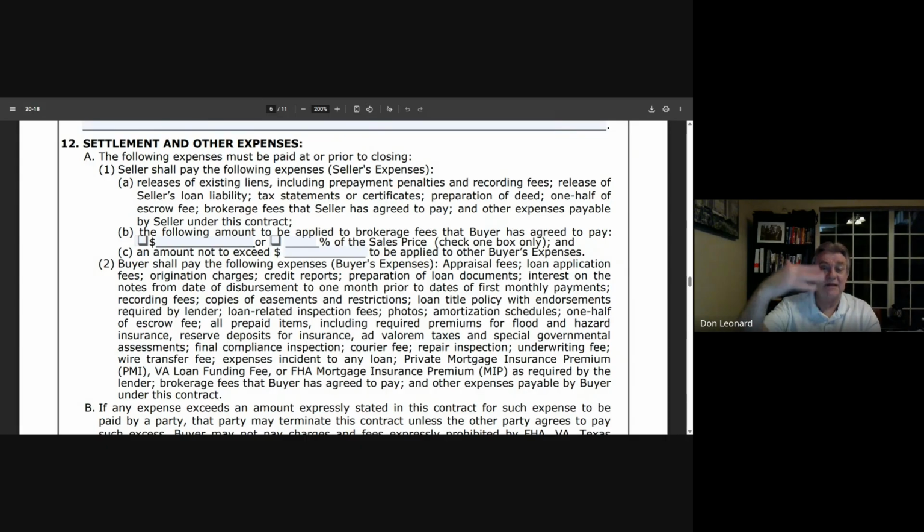You could have something in B and something in C. They are completely unrelated. B pays an agent, C pays something on behalf of the buyer. And then 12, number 2 goes into expenses for the buyer.